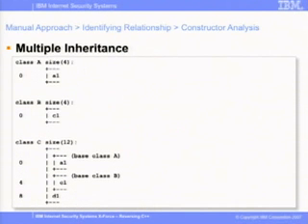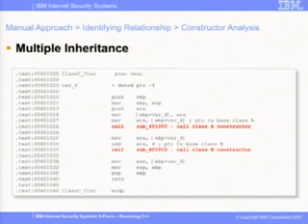So here's the actual class instance layout for the previous example. As you can see, the base class B instance data appears at offset 4 of class C's instance layout. And you can see here, it adds a 4 to ECX.